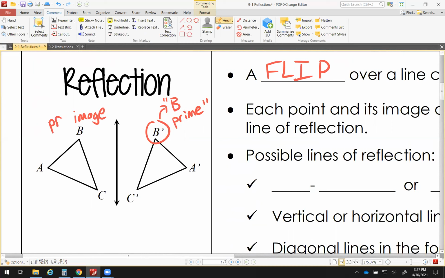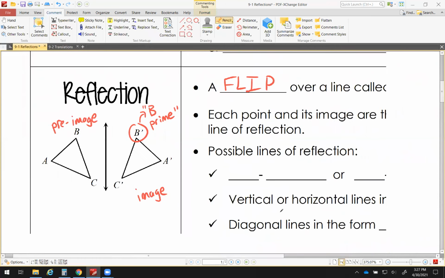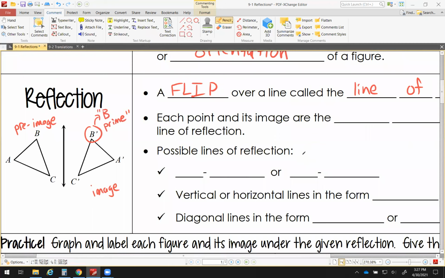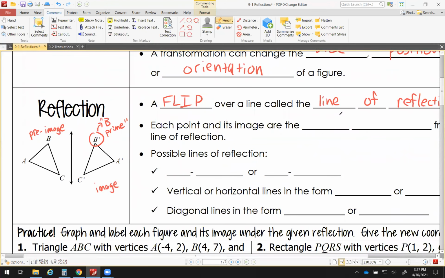So this one would be the pre-image over here, and this would be the image after the mapping or after the transformation. So each point and its corresponding one on the image are the same distance from the line of reflection. Same distance.